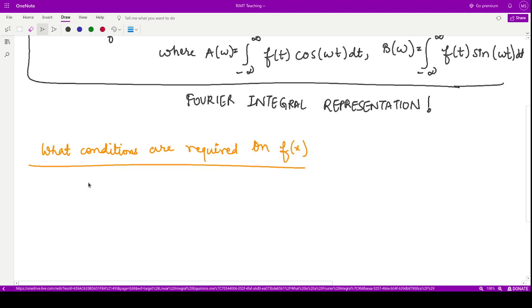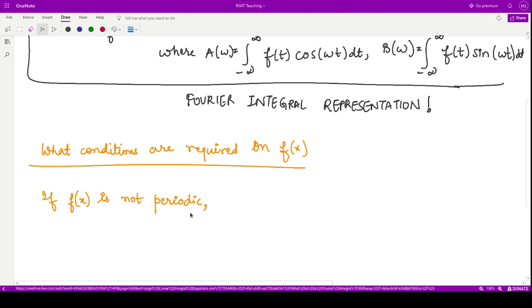We say that if the function f of x is not periodic, then it cannot be represented by a Fourier series over the entire real line.